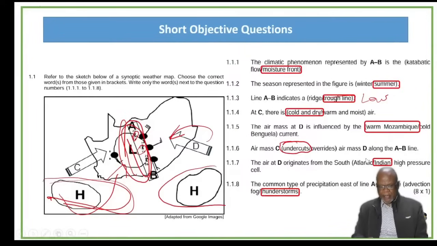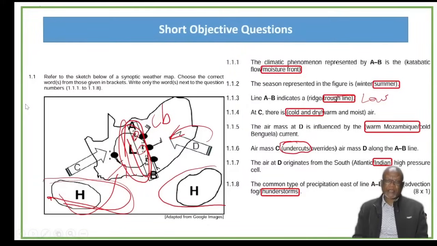On the east, the air rises rapidly, and it rises higher, resulting in the development of cumulonimbus clouds, the CB clouds. And then what is the weather associated with cumulonimbus clouds? It is heavy rainfall and thunderstorms.